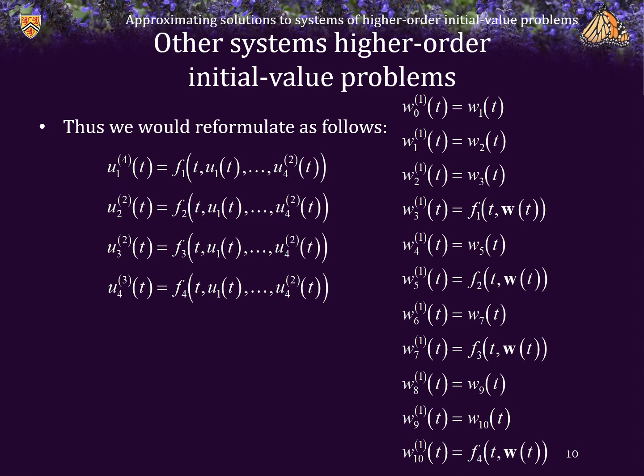The third function and its derivative would be represented by w6 and w7, and the last function, its derivative and its second derivative would be represented by w8, w9, and w10. We can then calculate the derivatives of each of these and see that they correspond to appropriate values. We would therefore also have equivalent initial conditions for this w function.